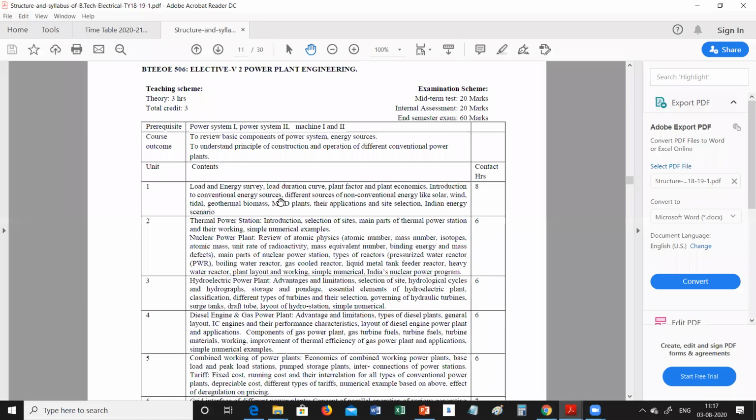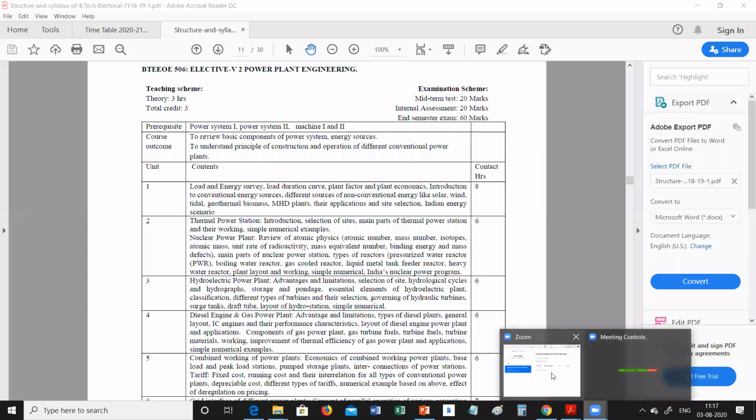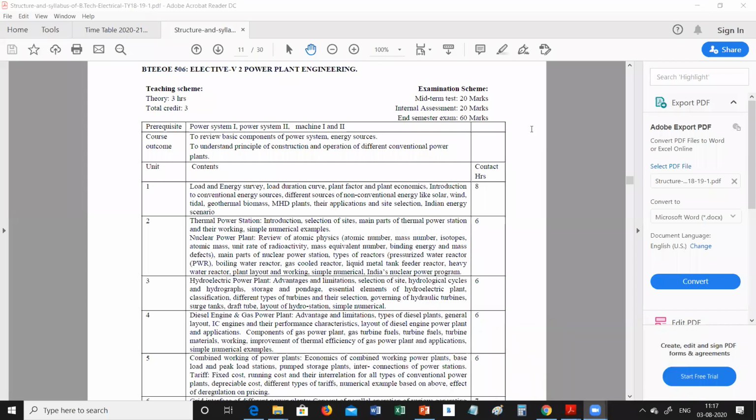This semester I am teaching you the subject power plant engineering. Are you able to see my screen? Yes, sir. This subject has 3 lectures per week, and total credits are 3.